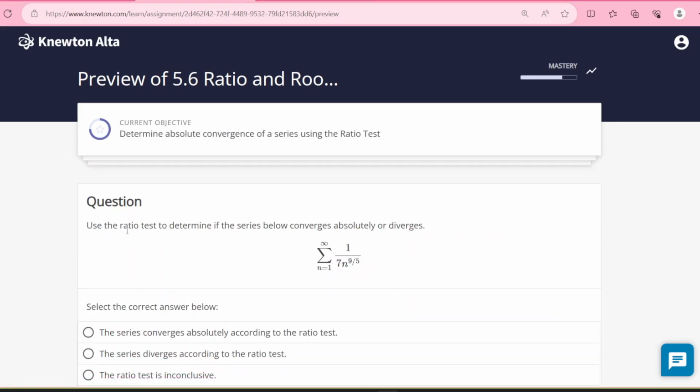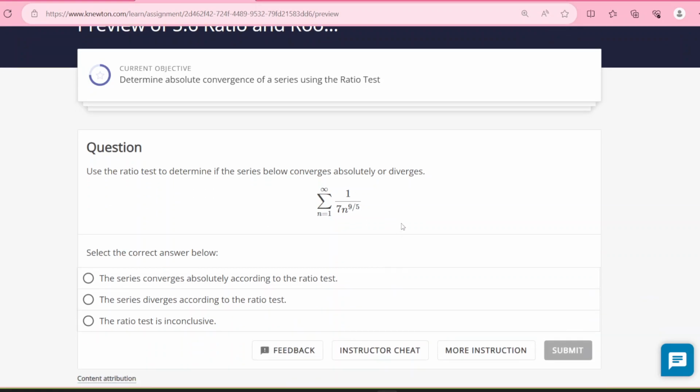All right, so here I have another one where they're asking me to use the ratio test, which again I think would be silly here. You see how this is very similar to some p series. You have 1 over 7 times n to the 9/5 in the denominator. 1/7 is less than 1, so these terms are smaller than just 1 over n to the 9/5.